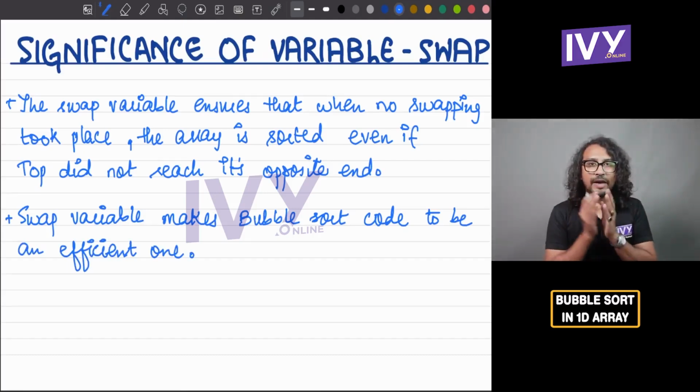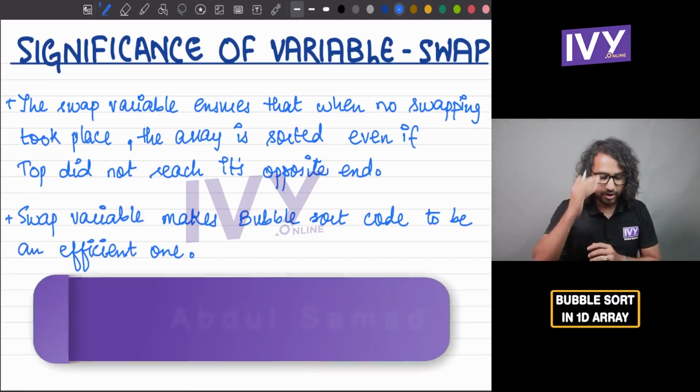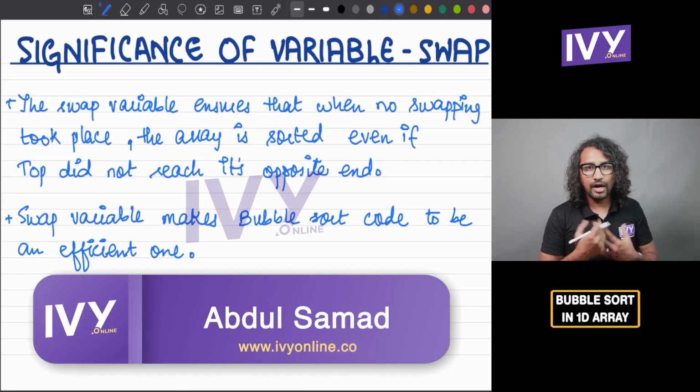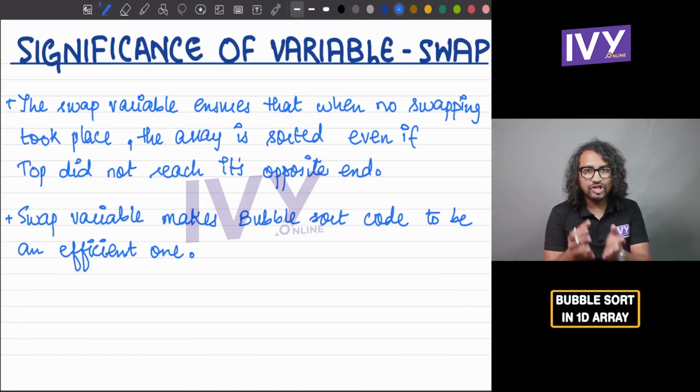So by using the swap variable, you are basically trying to make the bubble sort code an efficient bubble sort code. So it is going to run efficiently.